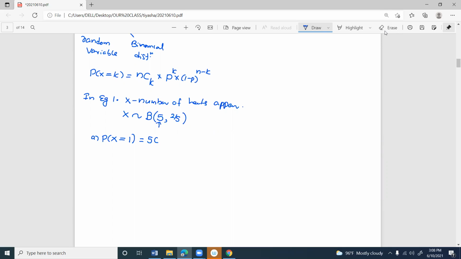C, k is 1, p is 2/5 to the power 1, times (1 minus 2/5) to the power n minus k, which is 5 minus 1. So you get 5 into 2/5 to the power 1 into 3/5 to the power 4. This is the final answer for this particular question.